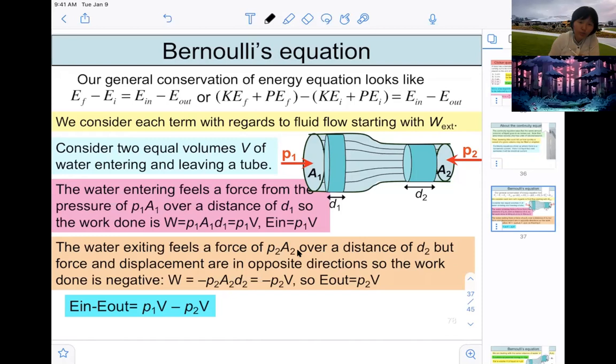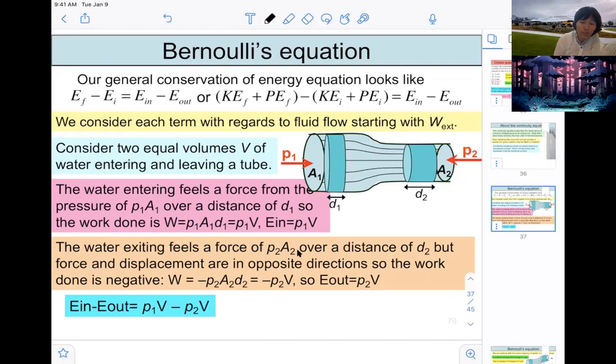The water entering will feel a force from the pressure from the left-hand side, because we say that there is a pressure anywhere inside the liquid. Particularly if you're looking at the left-hand side of this tube, this blob of water is feeling a force from the left-hand side.